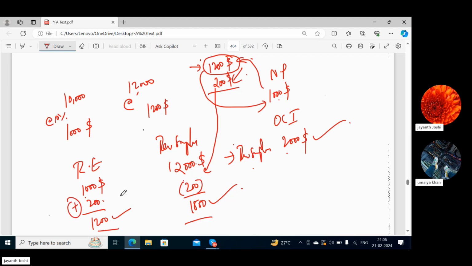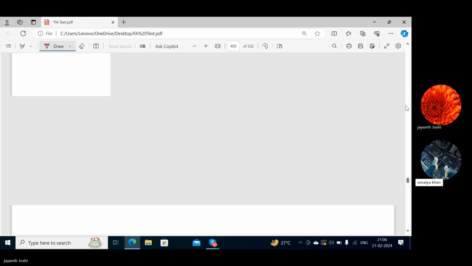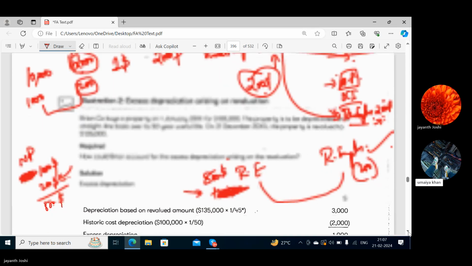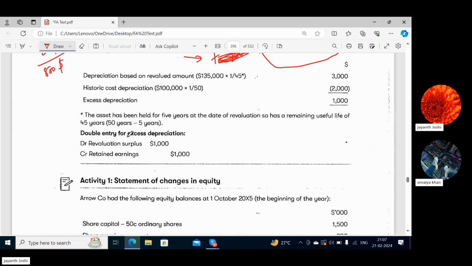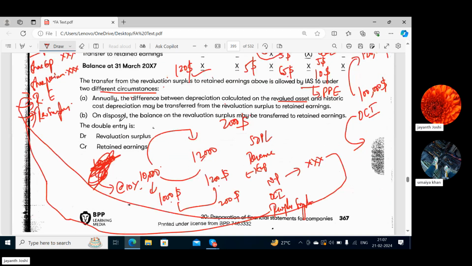So the journal entry for this would give you a clear picture. See here, from which account is the money going away? Revaluation surplus, right? So the revaluation surplus account will be debited. Why will it be debited? Because this is an income, and when income is reducing, it is a debit.